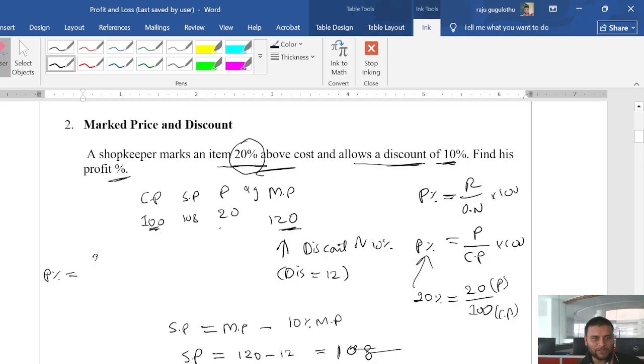So profit percentage is equal to profit 8 rupees divided by cost price 100 into 100. So in this case, profit percentage is 8%. So the answer for this question finally is 8%.